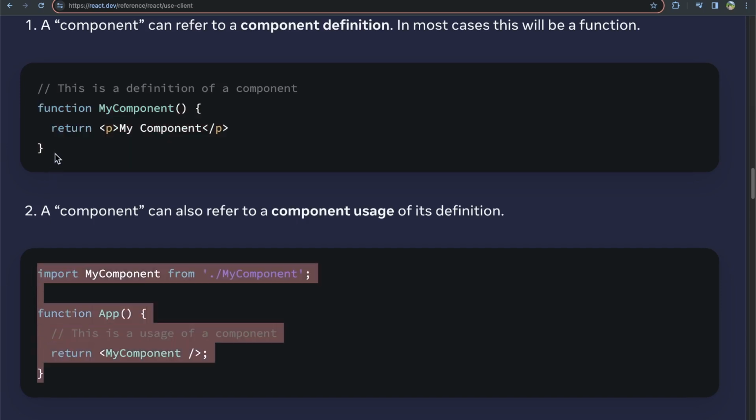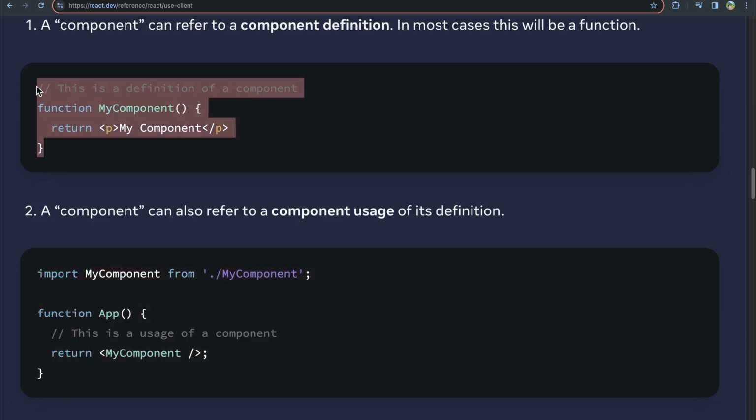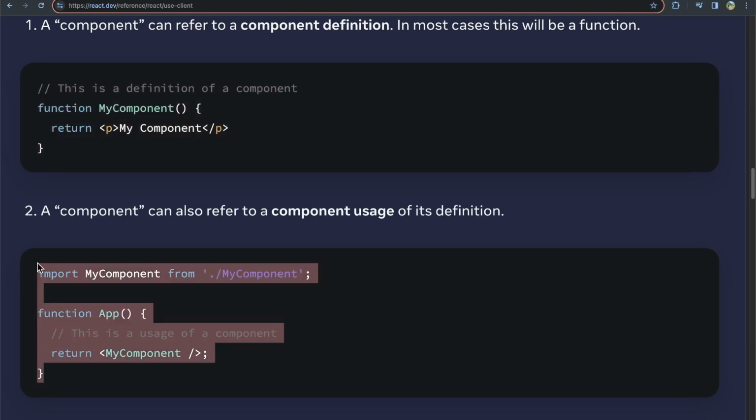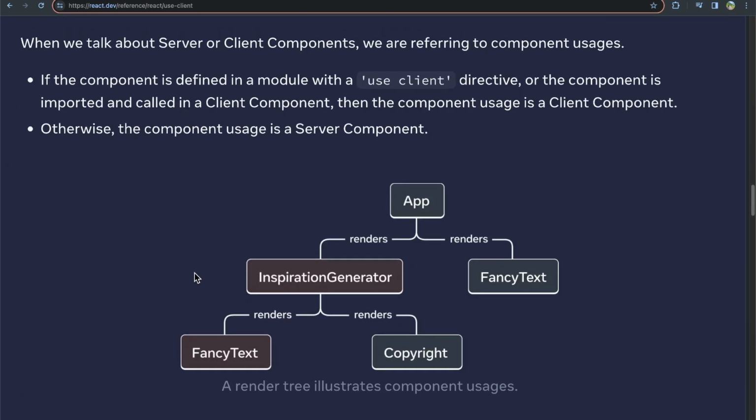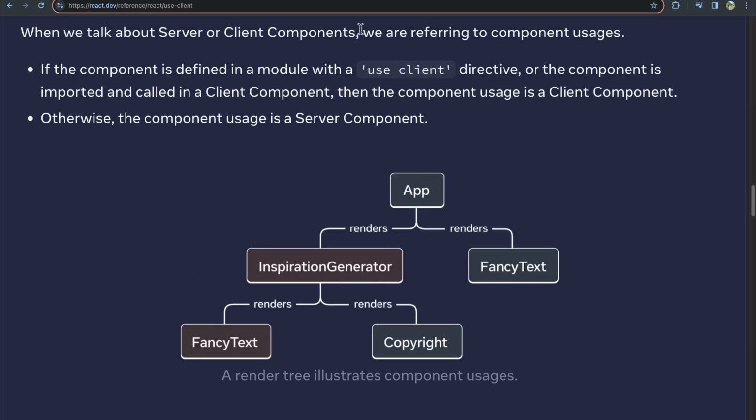Here they mention this is where the component is defined and this is where the component is used. Down here, they say when thinking about client and server components, they're referring to component usages. I would probably amend this a little bit after understanding it better: I think they're referring to the component usages as well as the component definition.